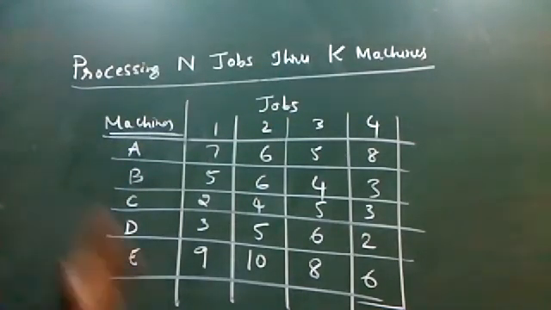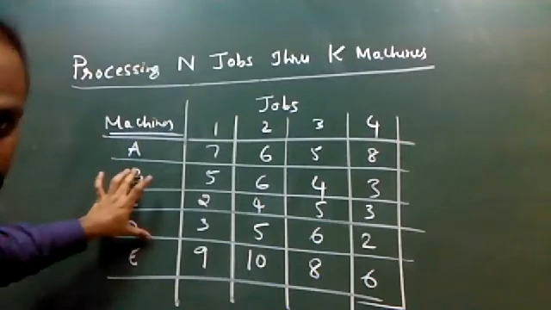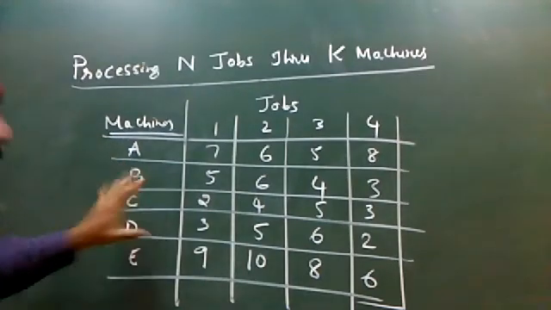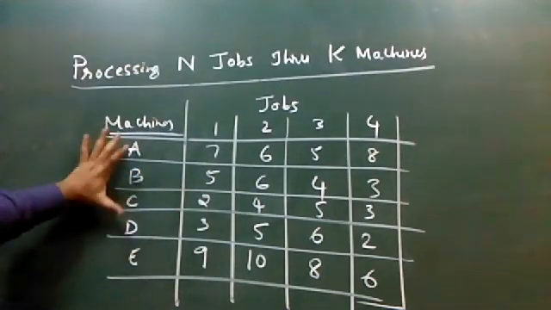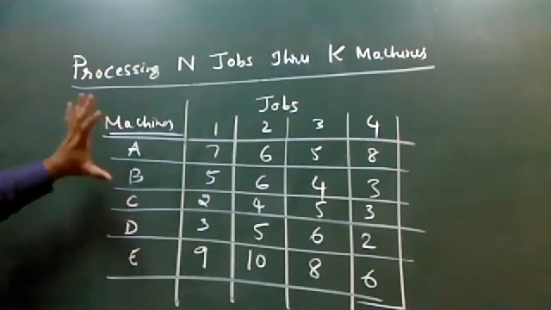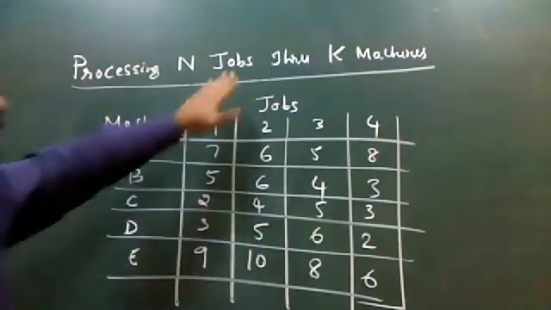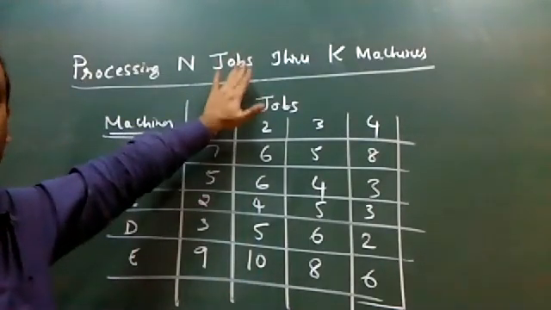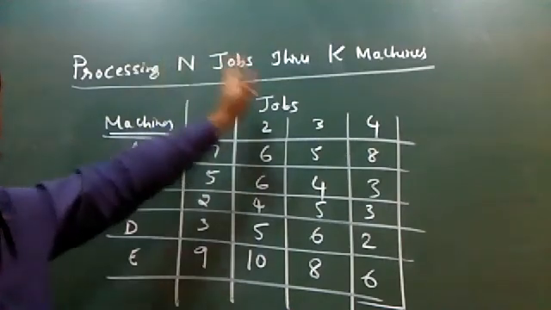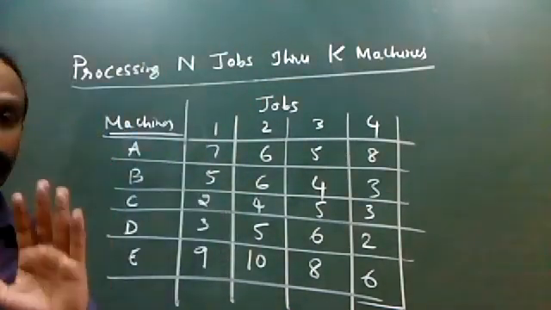So we are able to solve this problem by method 3 by going by this particular concept. Here you can see that the number of machines is 5, and since that is obviously more than 3, we can solve this problem by this particular method, which is processing n jobs through k machines. This is one important thing to be remembered here.